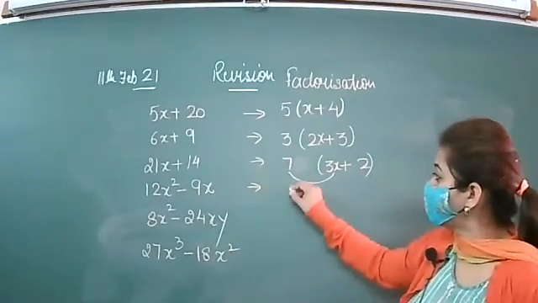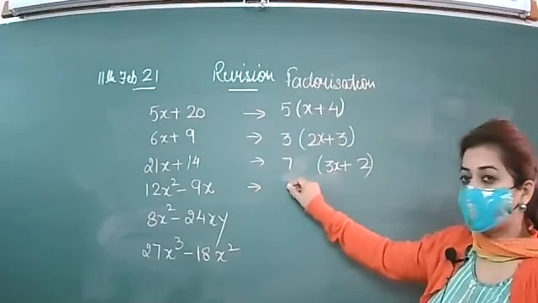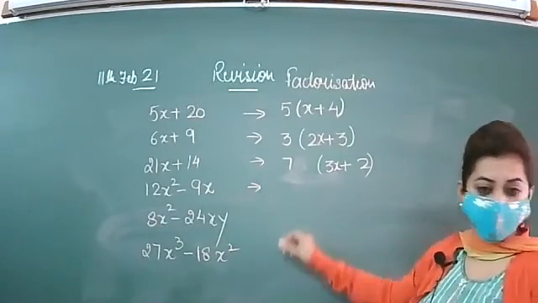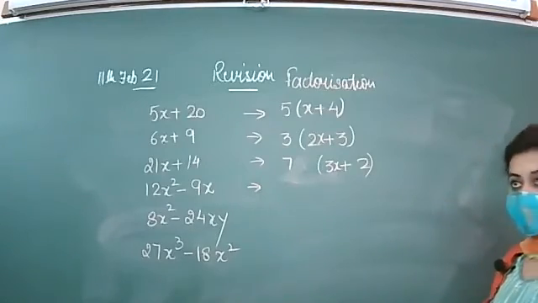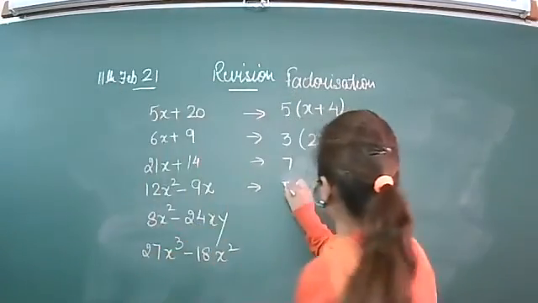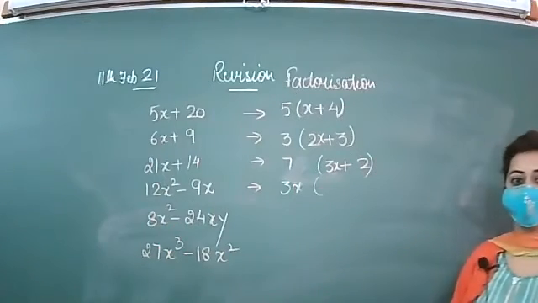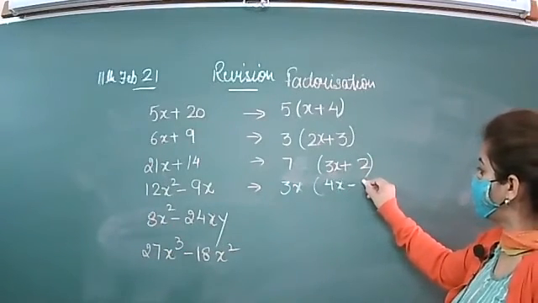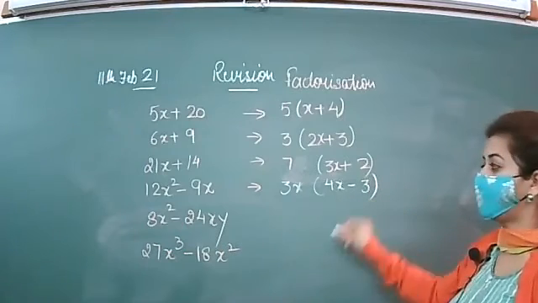Now cover rule. Hurry up, hurry up. Yes. 3x bracket. Yes. Minus 3, minus 3.